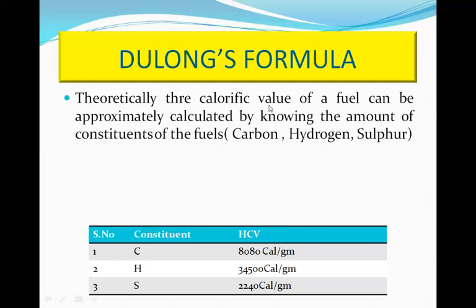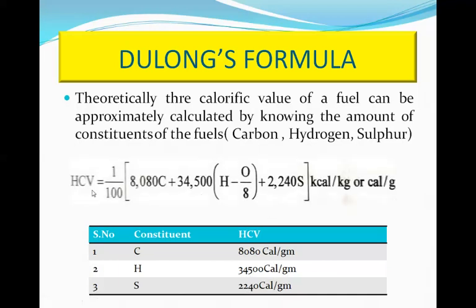There is a theoretical formula also for calculating the calorific value of a fuel if the constituent percentage is given. Now see, if we have the constituents as carbon, hydrogen and sulfur, and the higher calorific value of carbon is 8080 calories per gram, that of hydrogen is 34500 calories per gram, and sulfur 2240 calories per gram, then Dulong derived a formula as 1 by 100 times [8080 C plus 34500 (H minus O by 8) plus 2240 S] kilocalorie per kg or calories per gram.